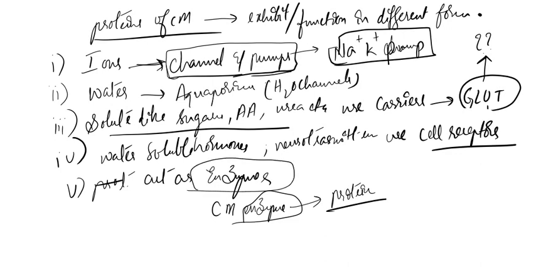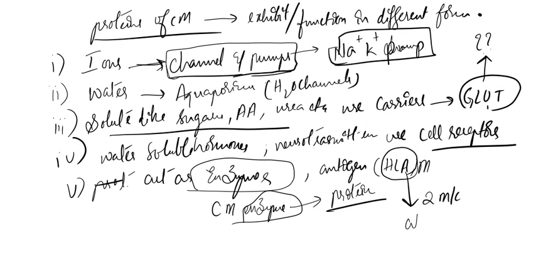And one more thing is they also act as antigens. Yes, they also act as antigens. If you want to know, take HLA. What is this HLA? Can anyone tell? What are some of the conditions? Name the two most common conditions where you obviously see an abnormal HLA value.